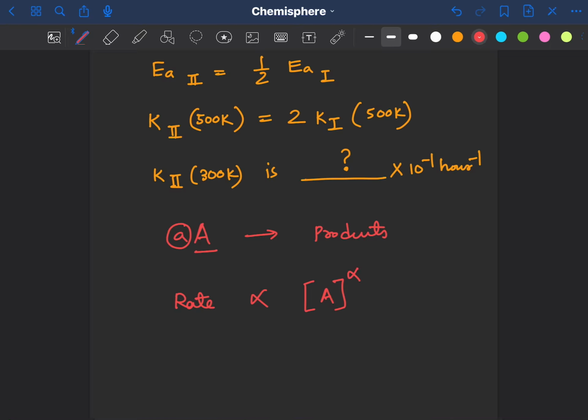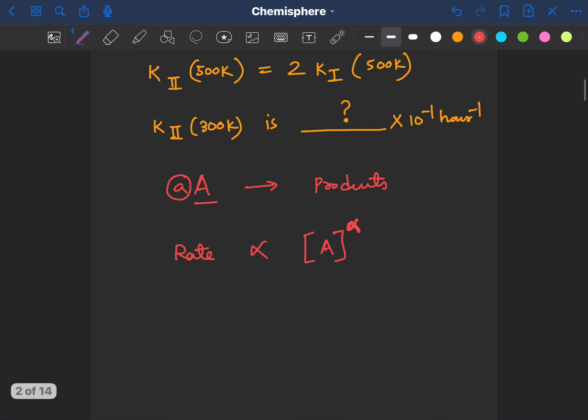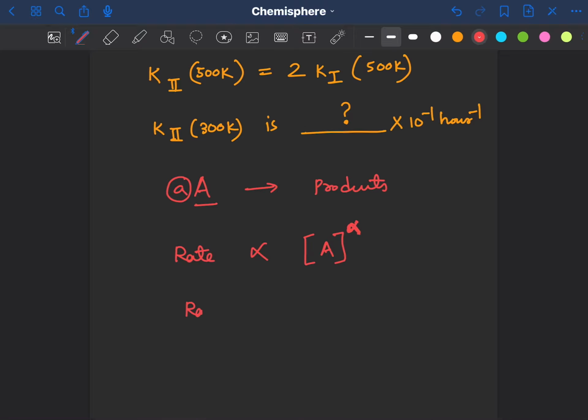We write something called alpha. Removing the proportionality constant, we write rate is equal to K into the concentration of the reactant to the power alpha, and this equation is known as the rate law.